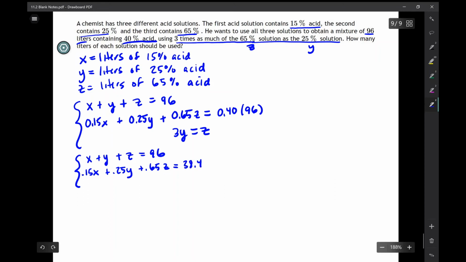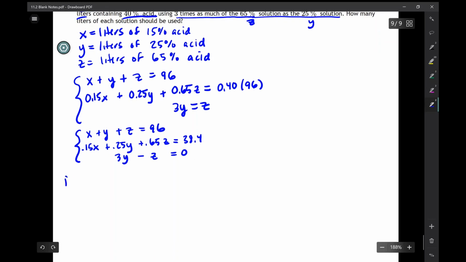And finally, 3y minus z equals 0. All right, let's dive right in. Step 1, negative 0.15 times equation 1 plus equation 2 gets us into equation 2.